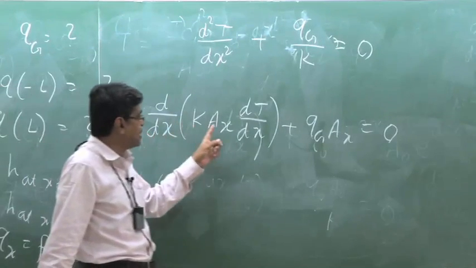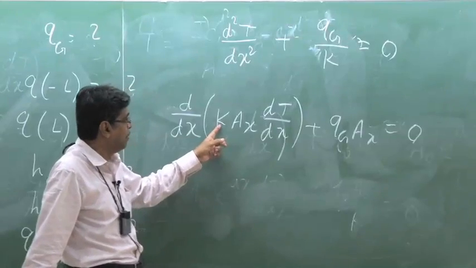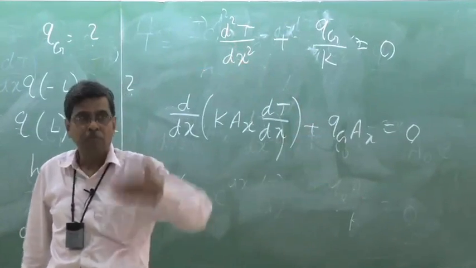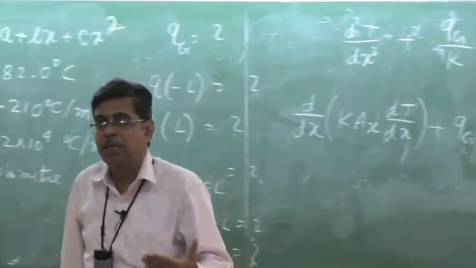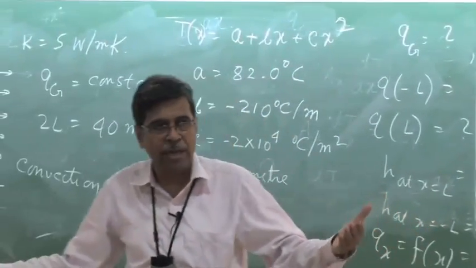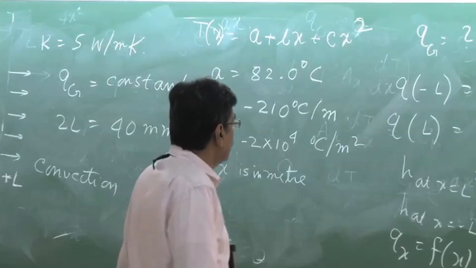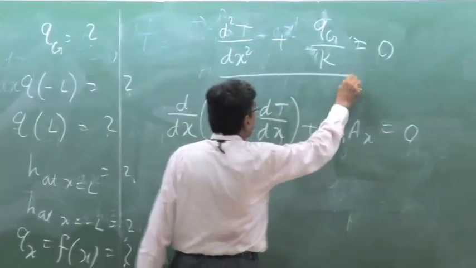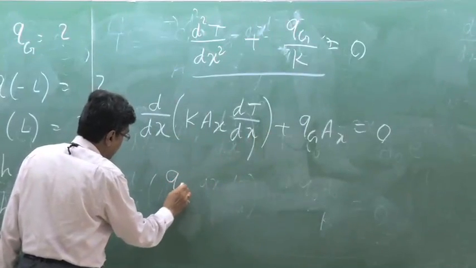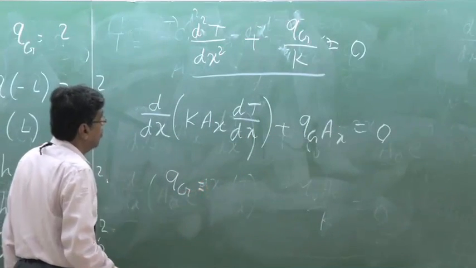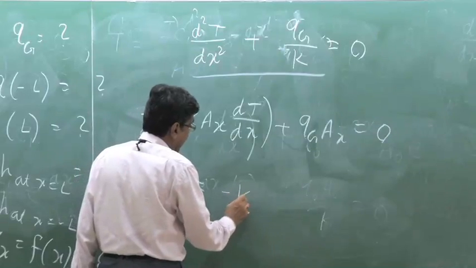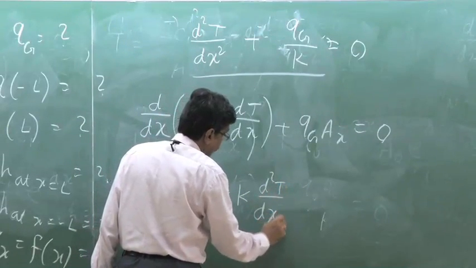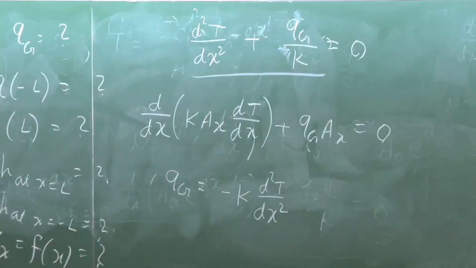Then for constant area and constant thermal conductivity, this becomes a special form which can be obtained directly from the general heat conduction equation. So if you start from this, then Qg is equal to minus K d square T by dx square, as simple as this.